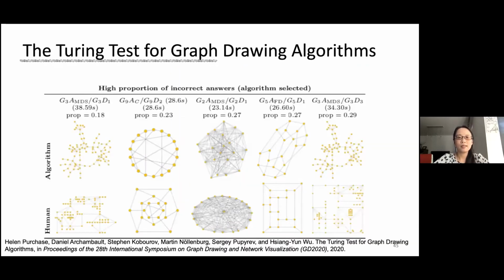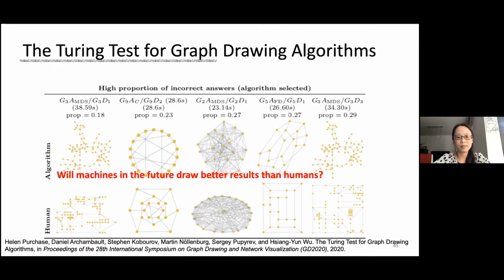So our idea is, okay, how far are we still from human-designed diagrams, as Laura was presenting in the previous talk, where she was trying to create a biological illustration. And for us, it's like, okay, how can we identify whether this graph was drawn by a human or by a machine? So we conducted a Turing test to have a pair comparison between the hand-drawn network and the machine-generated diagram.